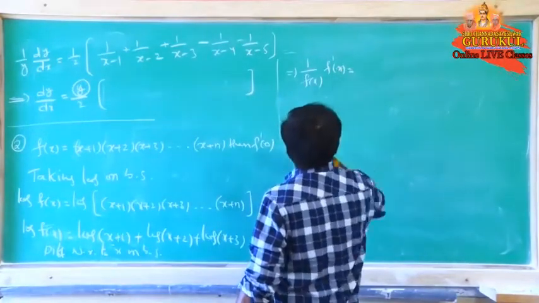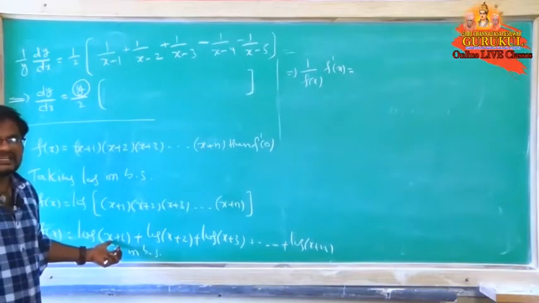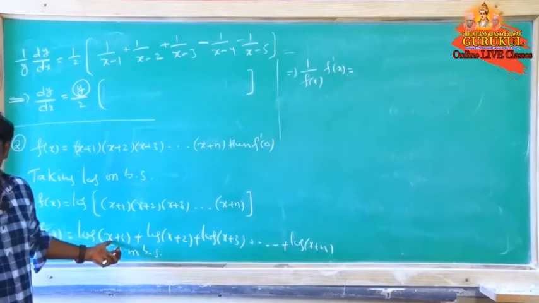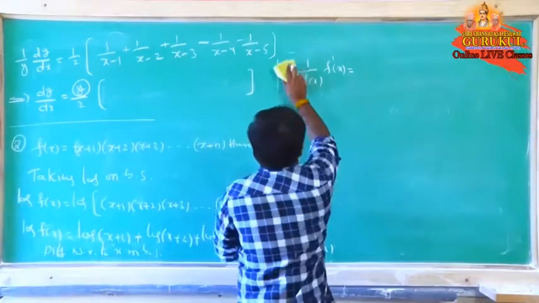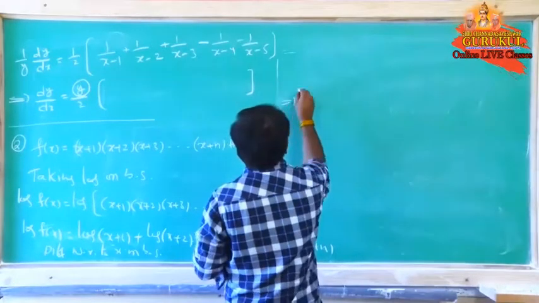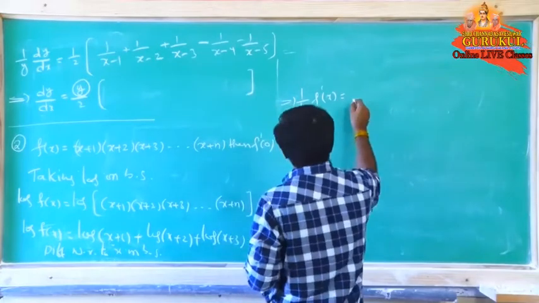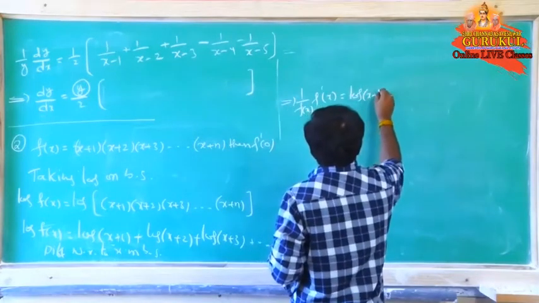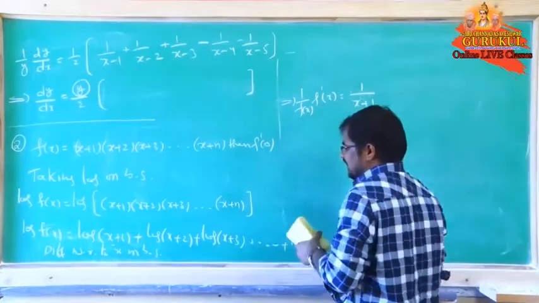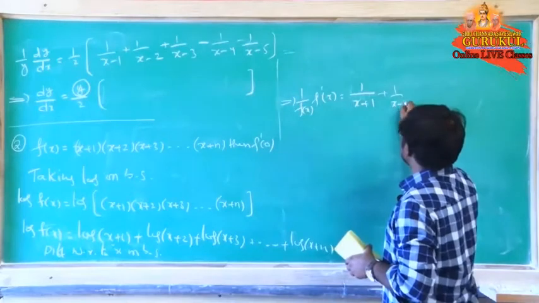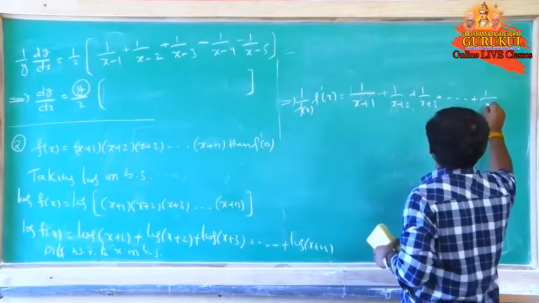Here, log of x plus 1: differentiation of log of x plus 1 is 1 by x plus 1, again differentiation of x plus 1 is 1. So that implies 1 by f of x into f dash of x equals 1 by x plus 1, log of x plus 2 gives 1 by x plus 2, plus 1 by x plus 3 plus etc. plus 1 by x plus n.